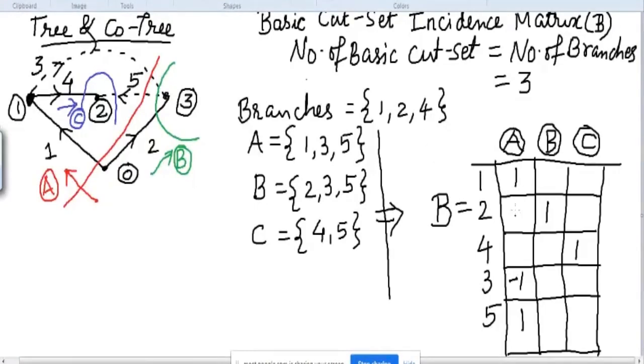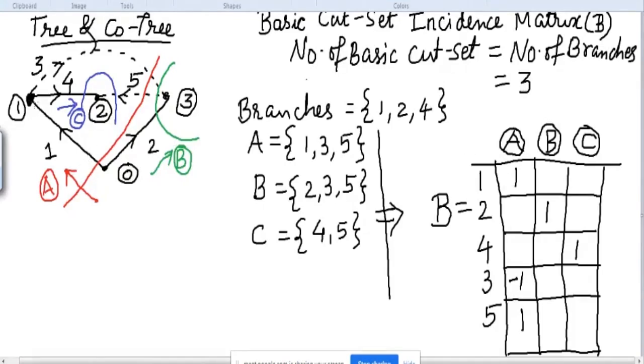So we have identified that 3 should be -1 because if we take this as the common point, this element 1 is incoming, and we have already put this 1 as positive. Why? Because we cannot put this 1 negative. Why? Because for this 1 itself we have made this cut set, and we have put the direction the same as that of the cut set direction, right? So that's why we cannot put this 1 as negative.